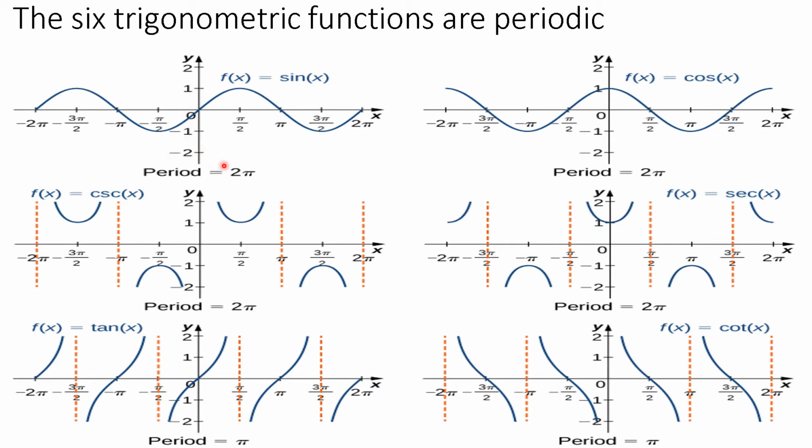The functions sin x, cos x, cosecant x, secant x all have the same period 2 pi radians, and tan x and cot x have the period pi radians.